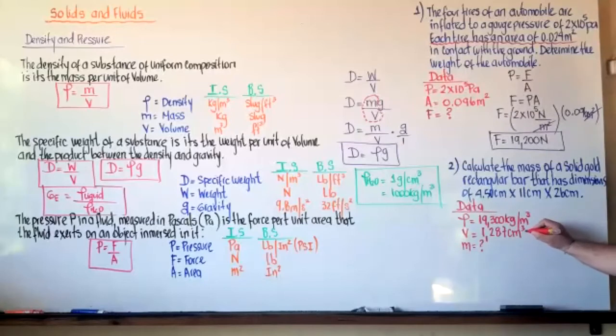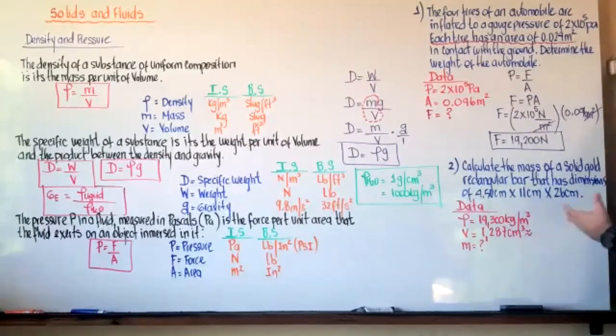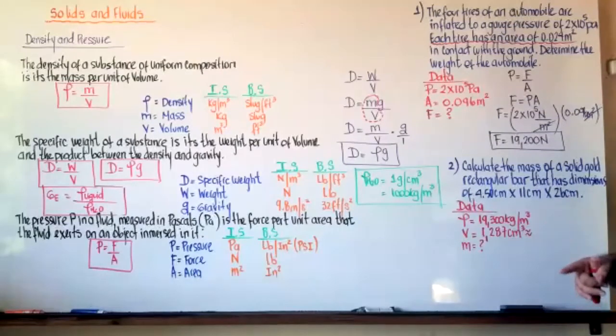Well, it's simple. Because we really want to transform cubic centimeters into cubic meters, the only thing we have to do is divide this quantity by 1 million. In supplementary work, 1 times 10 to the 6th power cubic centimeters is equal to 1 cubic meter.